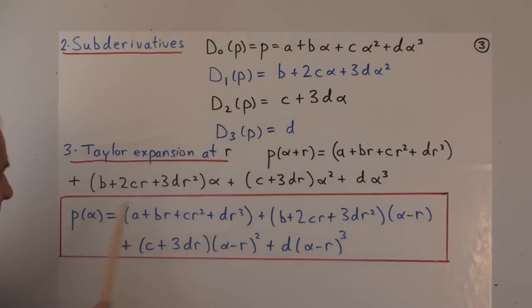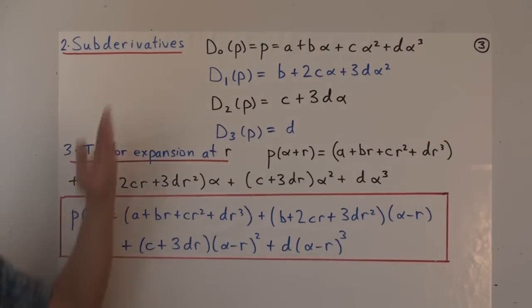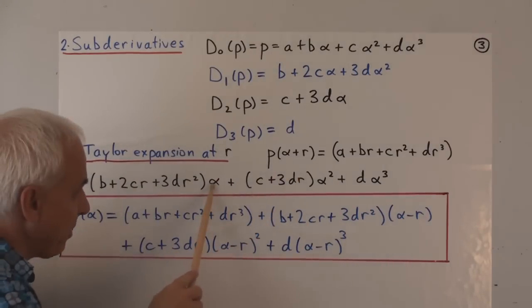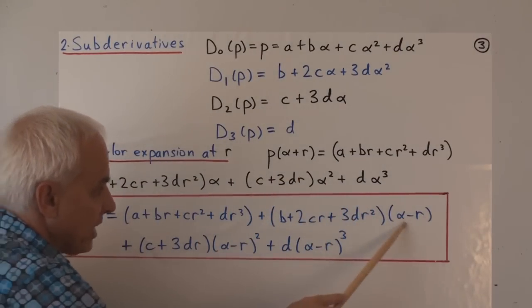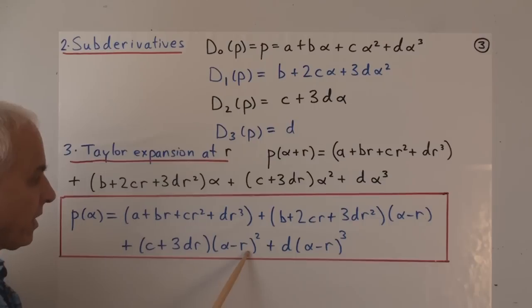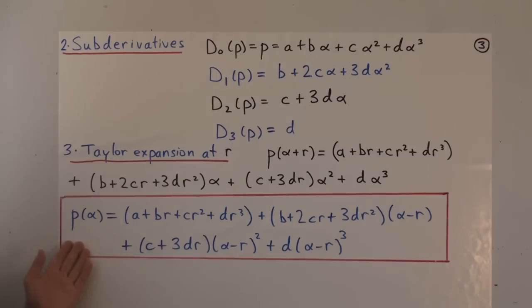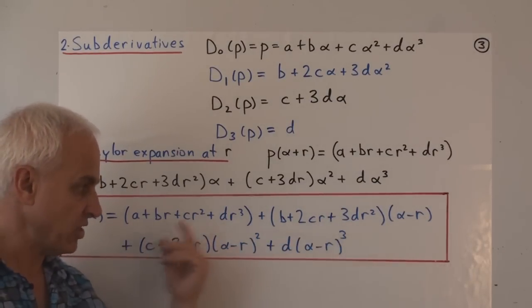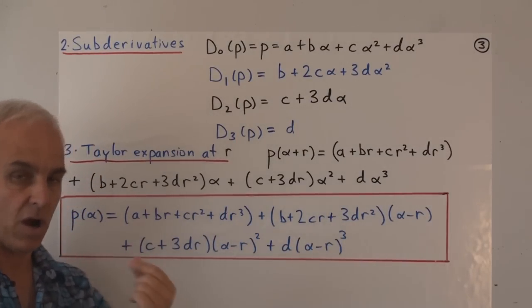Then the left-hand side becomes just p of alpha, in other words, the original polynumber. And then the alphas, which are appearing here, here, and here, are replaced by alpha minus r. There, there, and there. And this is called the Taylor expansion of the polynumber p at r, because it depends on the number r that we've chosen. There's a different such expansion for every r.